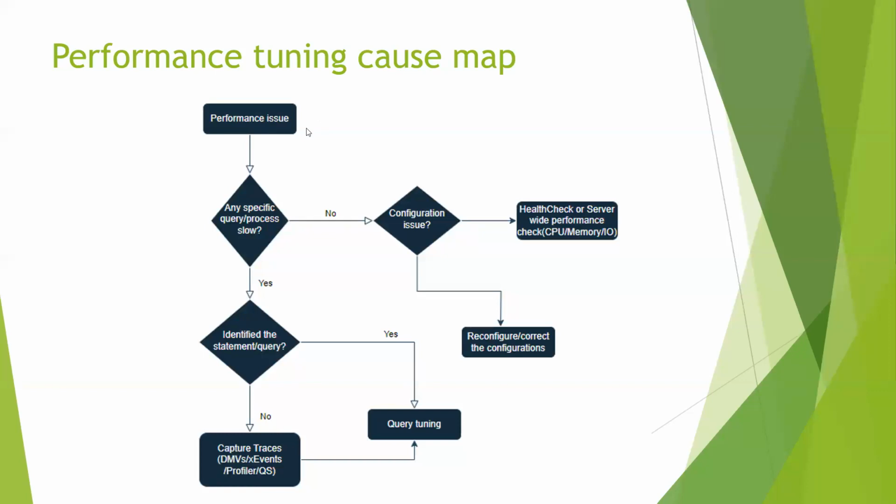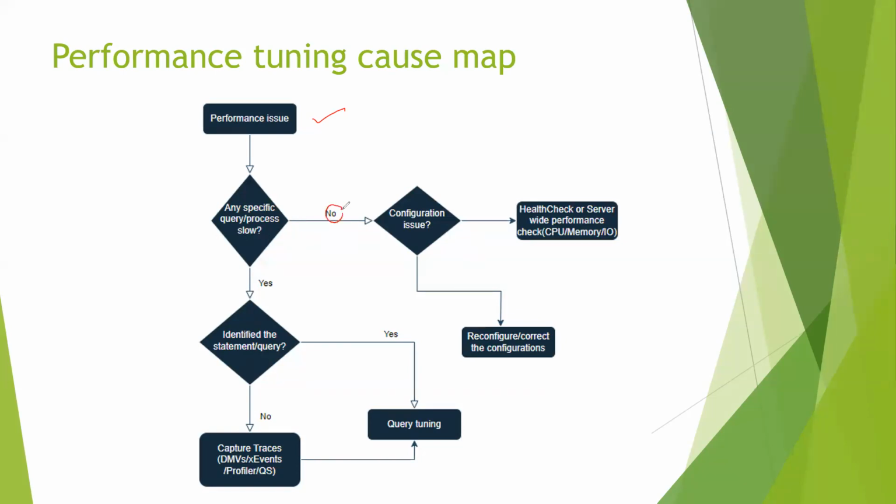So let's say, for example, if it is a performance issue, then we'll have to check if there is any specific query which is running slow, right? If slowness is because they're executing a query and they started seeing slowness, then we'll have to work on a specific query, right? So is it a specific query?